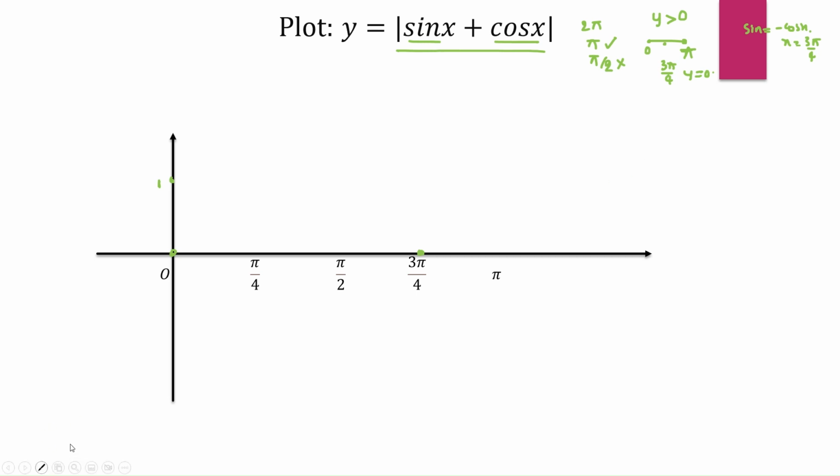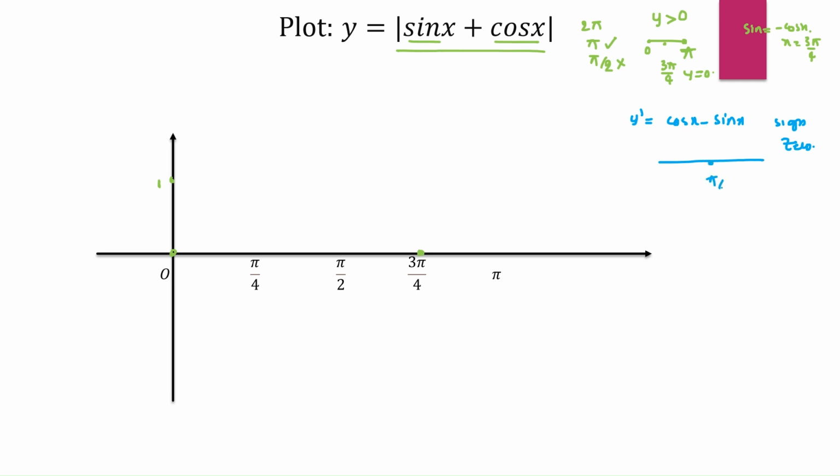Now I'll analyze y dash. For some time, assume there is no mod. y dash is cos x minus sin x. I want to find the sign of y dash and also its zeros. I'll plot the wavy curve of this.